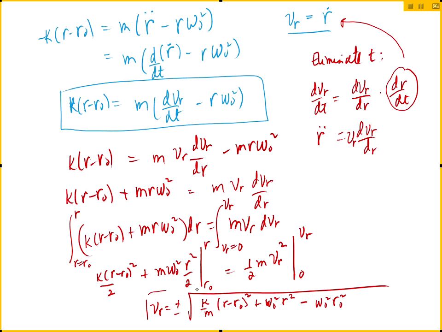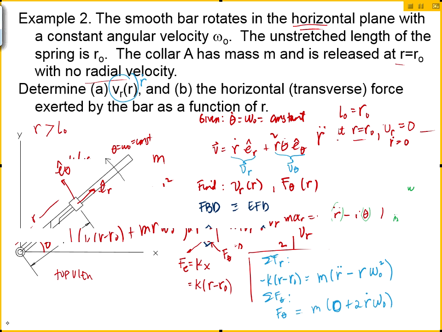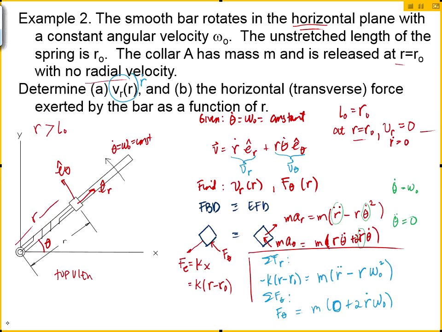And once I have VR, that's done. So by the way, why do we have a plus or minus? Algebra says when you take the square root, it's a plus or minus. But in this problem, why do we have sometimes VR plus, sometimes VR minus for the same position r?